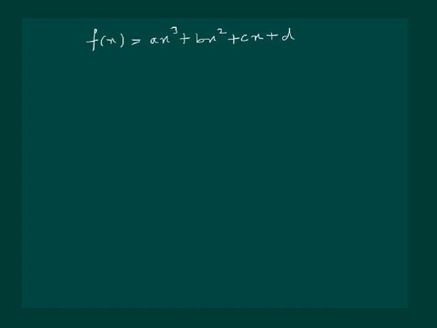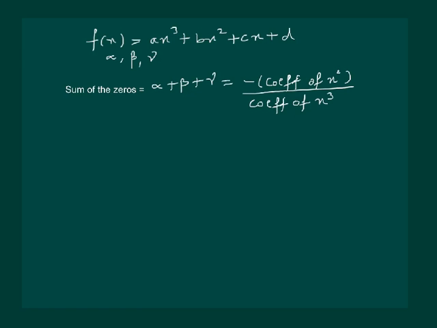Similarly, if f(x) is a cubic polynomial and say alpha, beta and gamma are the zeros of the cubic polynomial, then the sum of the zeros, alpha plus beta plus gamma, is equal to minus the coefficient of x square by the coefficient of x cube, that is minus b by a.